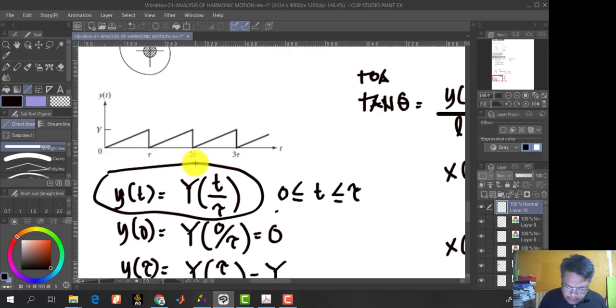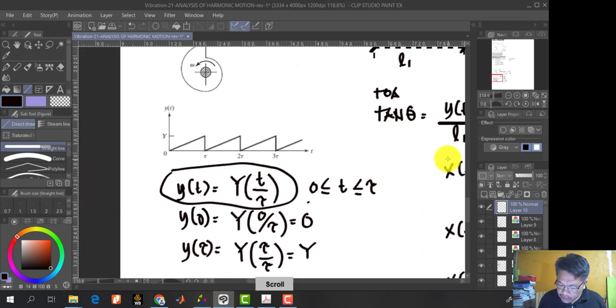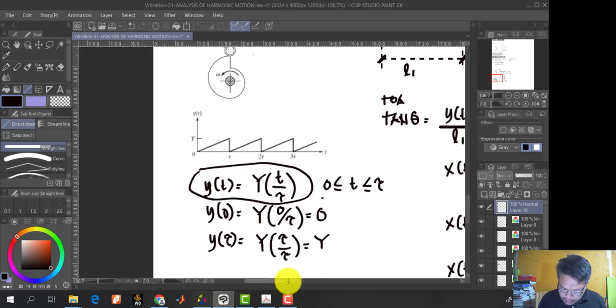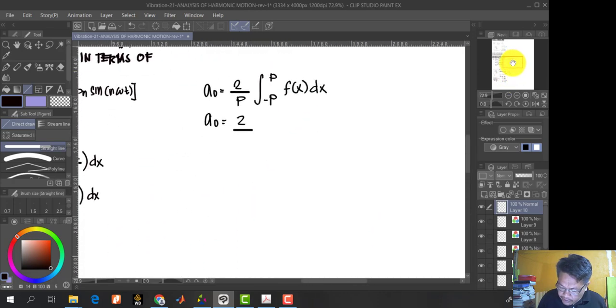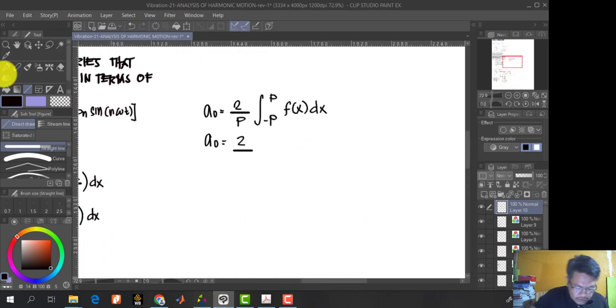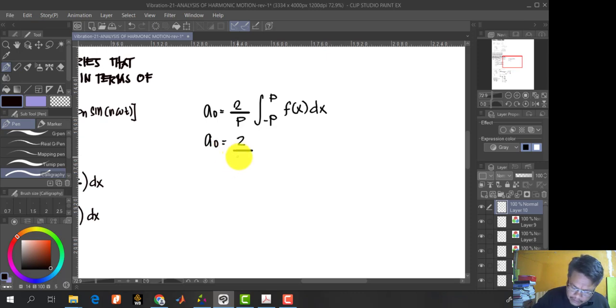For my period here, I will start by using one period. One period defines the equation given in the problem, which defines our p. So I'm going to use one period here, and this will be integrated again, from the negative to the positive boundary of your period.